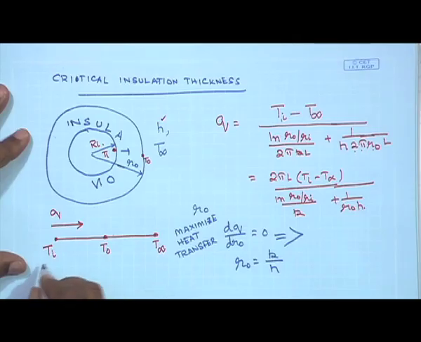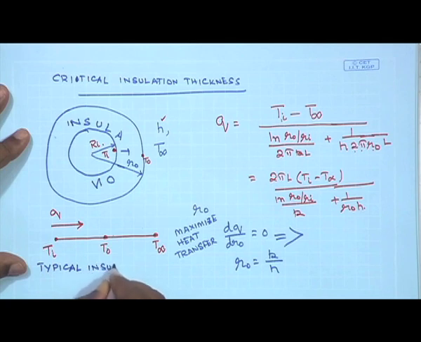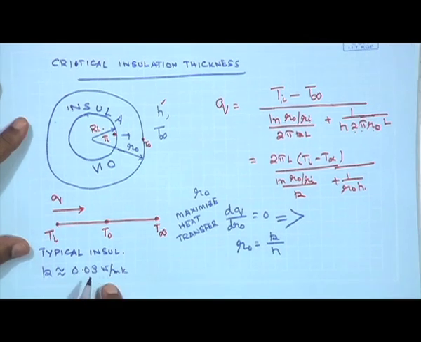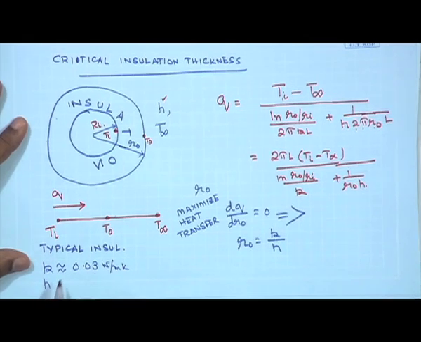So, for the case of an electrical wire, for a typical insulation, thermal conductivity is about 0.03 watt per meter Kelvin, and the value of H for the case of air, heat transfer coefficient of the air, is about 10 watt per meter square Kelvin.